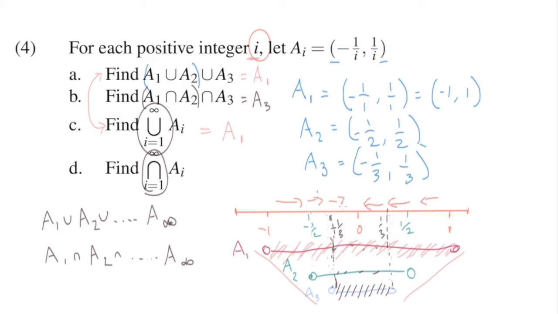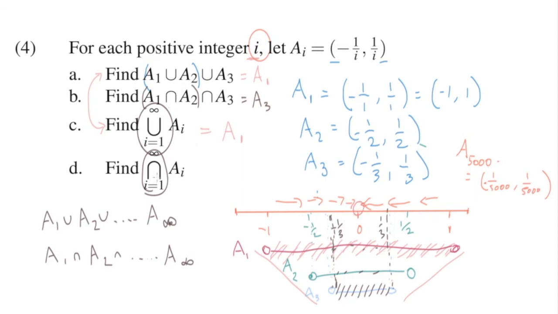So if we're looking at A5000, it will be the interval from negative 1/5000th to positive 1/5000th. As these numbers go up and up, the interval will be more and more tightly wrapped around 0.